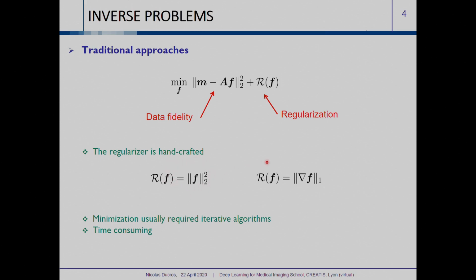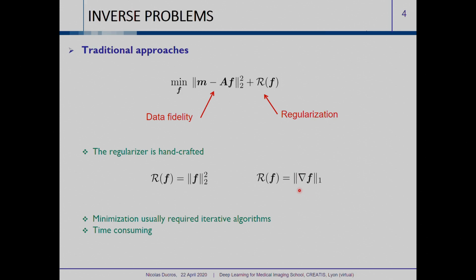kind of solution. Another popular choice is the so-called total variation prior. As you can see here, it's the L1 norm of the gradient. So as we consider the gradient, we are looking at the variation of the image.